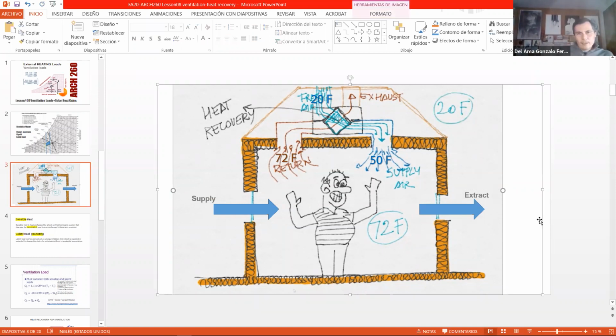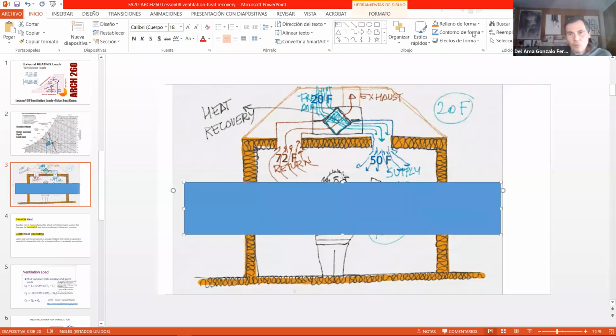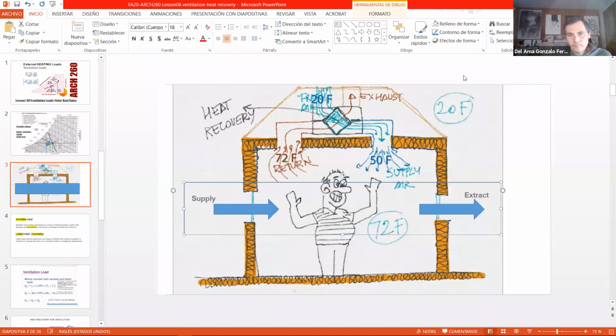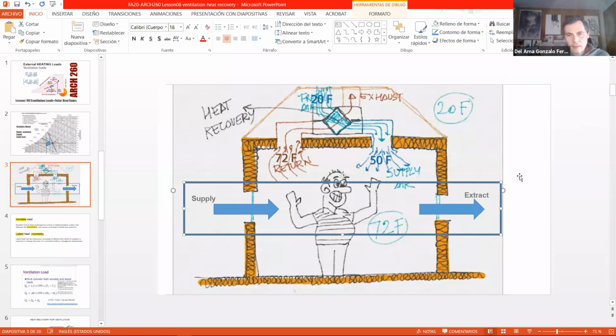We can do this if we are just opening windows, and we can say that this is natural ventilation.